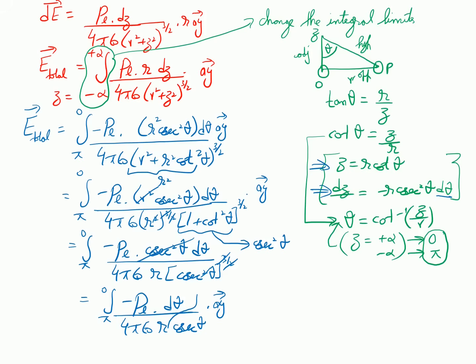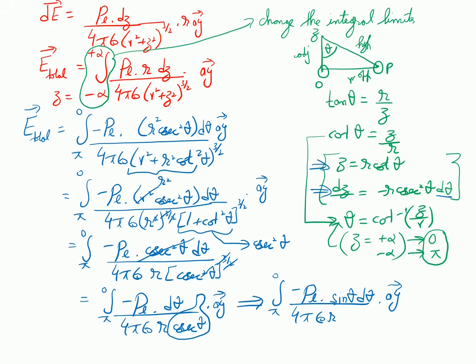So this comes out to be sine of theta. So now the range becomes pi to 0 minus rho of L divided by 4 pi epsilon naught into r, and 1 by cosecant becomes sine theta d theta along ay.